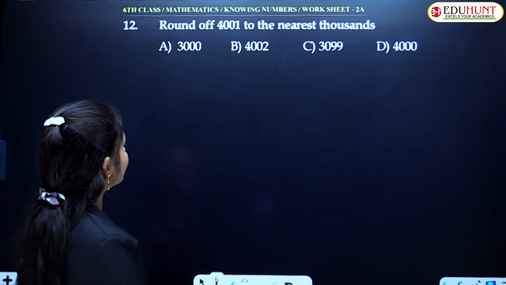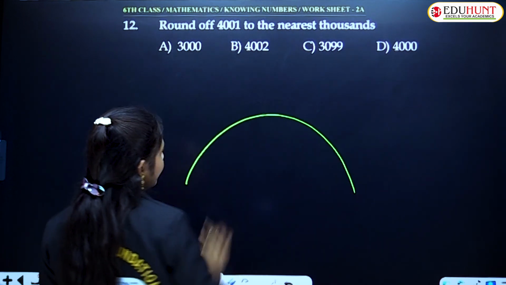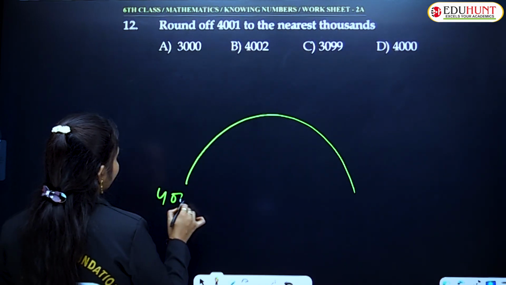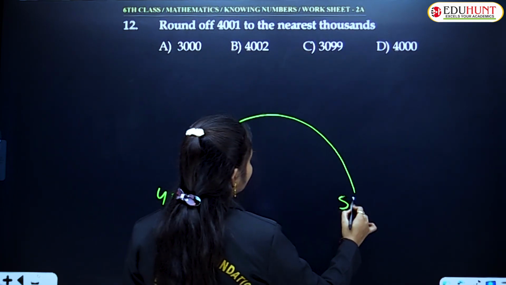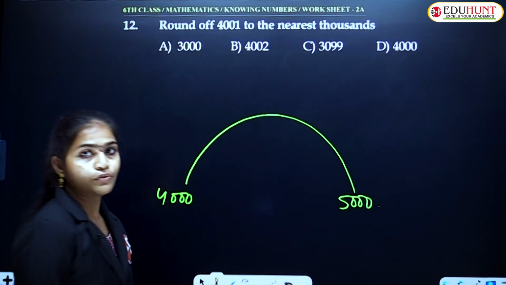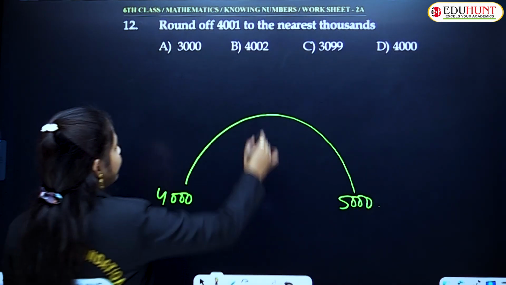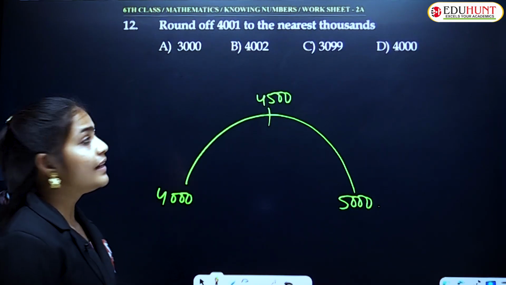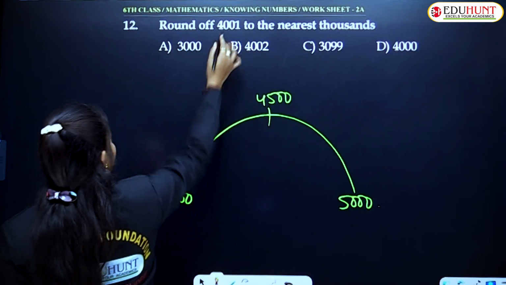This is also the nearest thousands. 4,001. Which means the number lies between 4,000 and 5,000. And the middlemost value is 4,500. Now what is the given number here? 4,001.